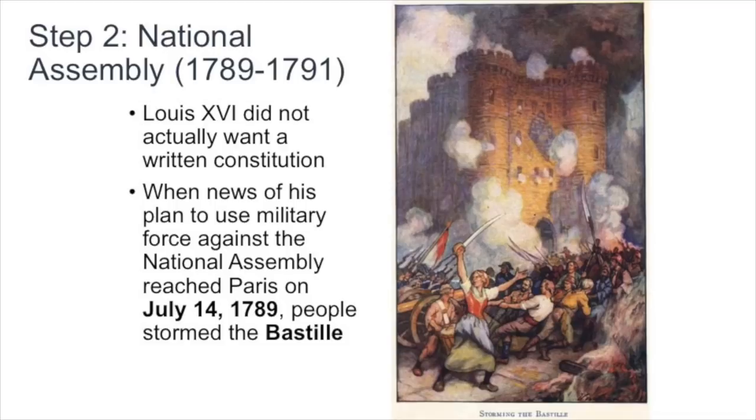And so on July 14th, 1789, the people of Paris would storm the Bastille prison, which was an armory and a prison at the heart of Paris, to steal guns and to free the political prisoners that were there. This is forever the flashpoint of the French Revolution, where July 14th is celebrated much the same way as July 4th is celebrated here in the United States, as the Day of Independence in France.